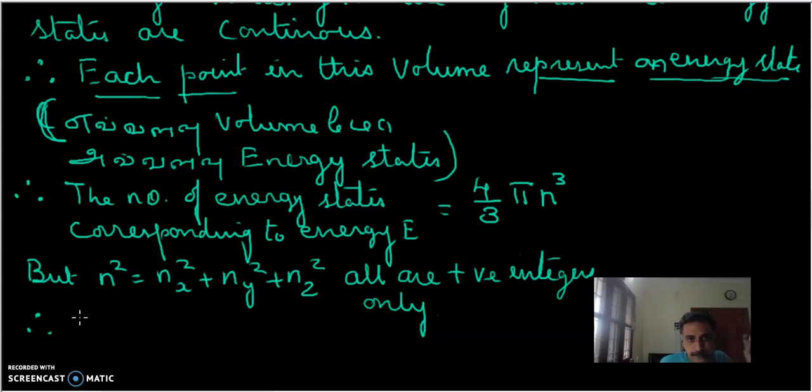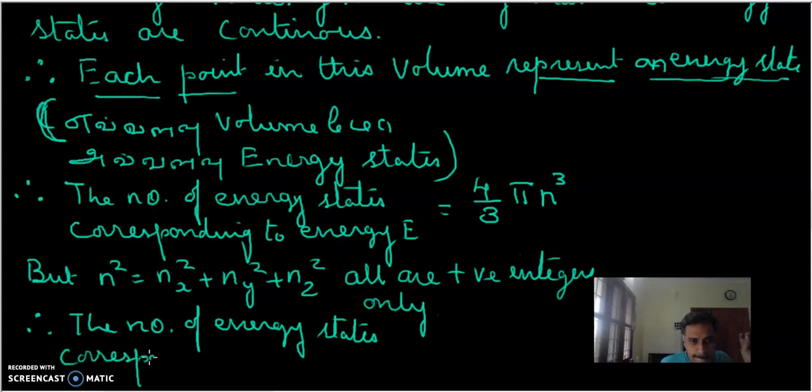Therefore the number of energy states corresponding to energy E is equal to 1/8 of this volume, 4 by 3 pi n cube, right?